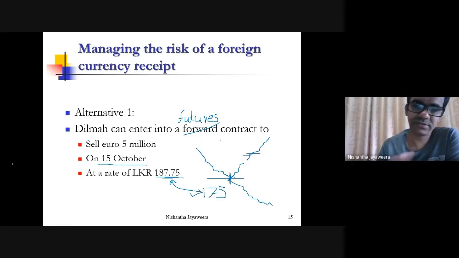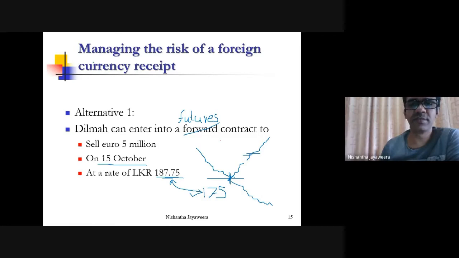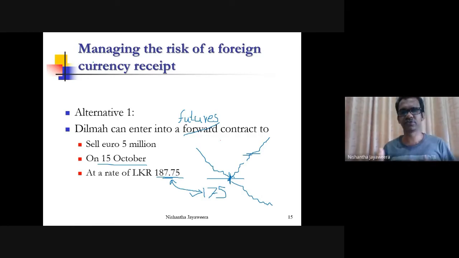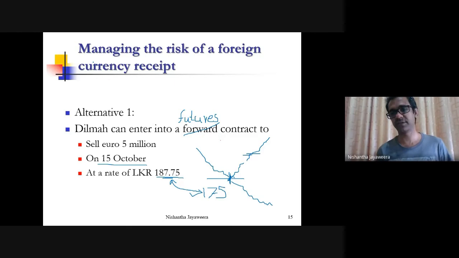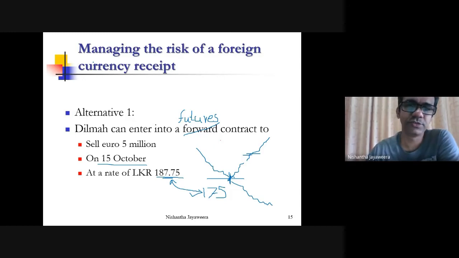You sell the futures, hold it until maturity or until you get your cash flow and you sell in the market. On that date, you can buy the futures contract to get out of the market because your transaction is completed. But if you want to maximize your profit by taking some risk, then you have that flexibility through futures. Through forward, it is not easy to do.